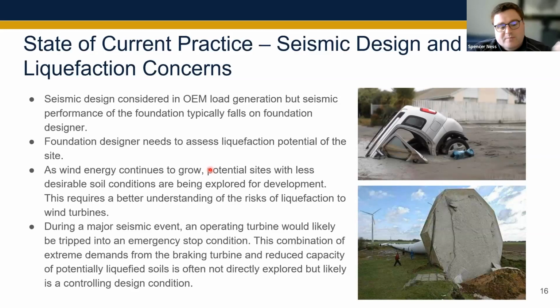So when we trip that emergency stop condition, we're applying the brake. If I'm in a seismic event and I'm now applying that brake, creating a big overturning moment to the structure, and having a seismic event where there's liquefaction that could occur, we have this combination of an extreme load with a reduced capacity that is really what we're interested in.